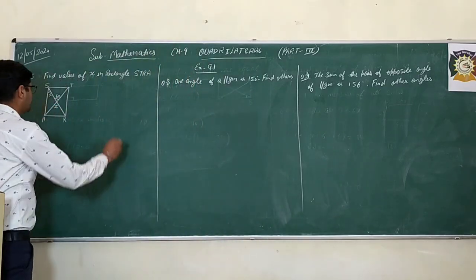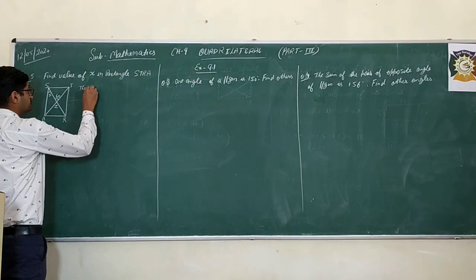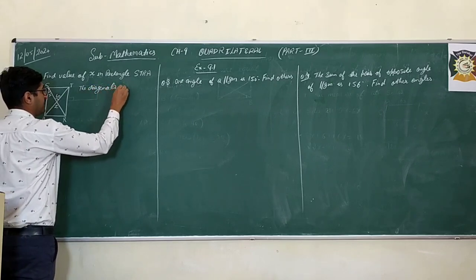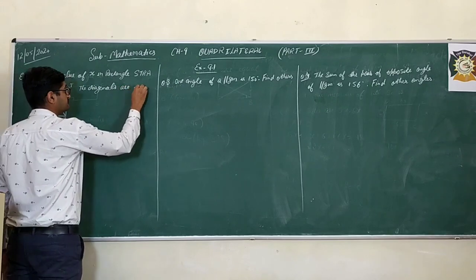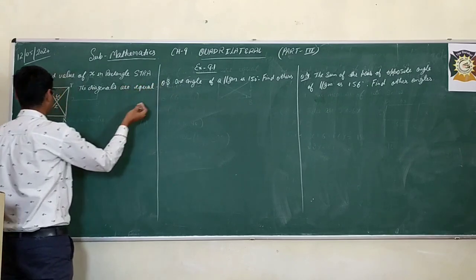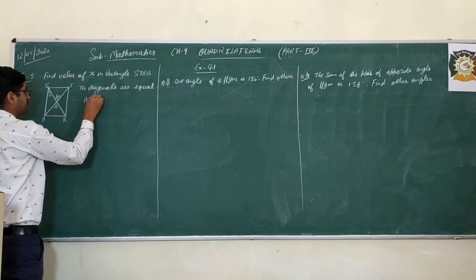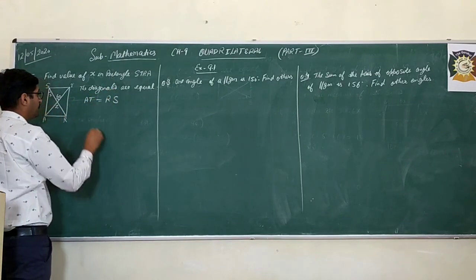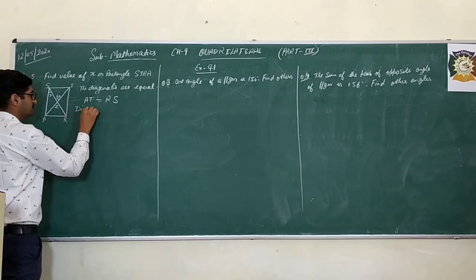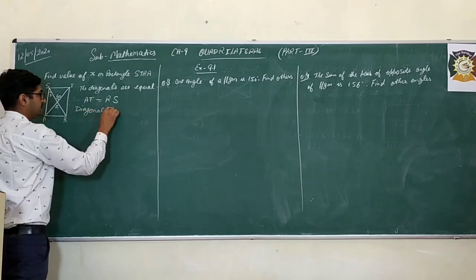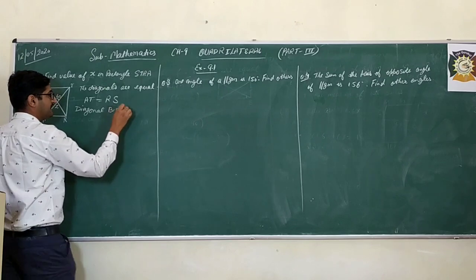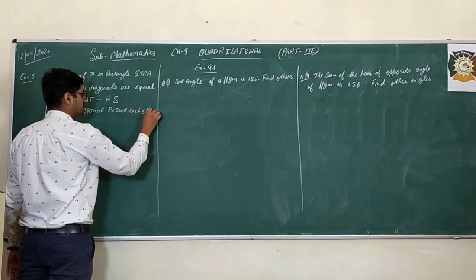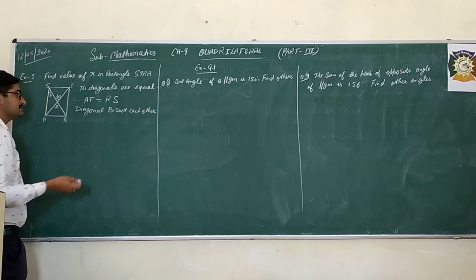First condition: the diagonals are equal. So AT is equal to RS. Also, diagonals bisect each other.